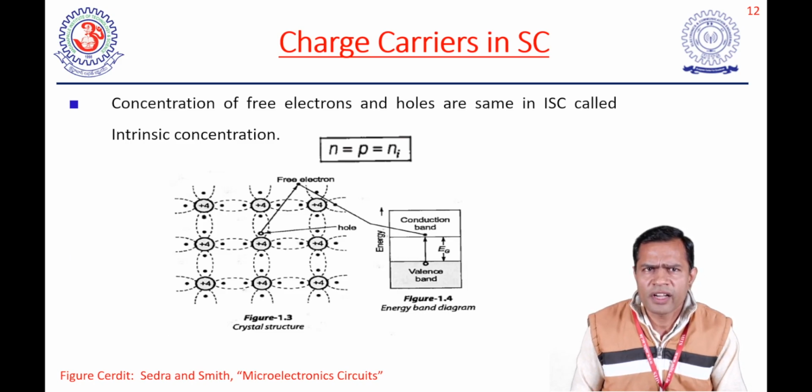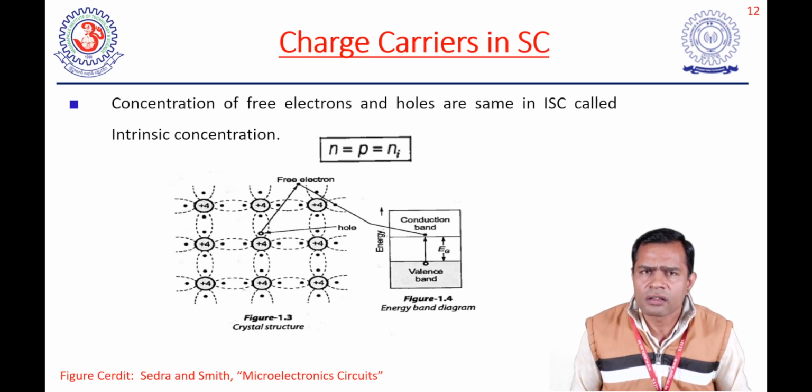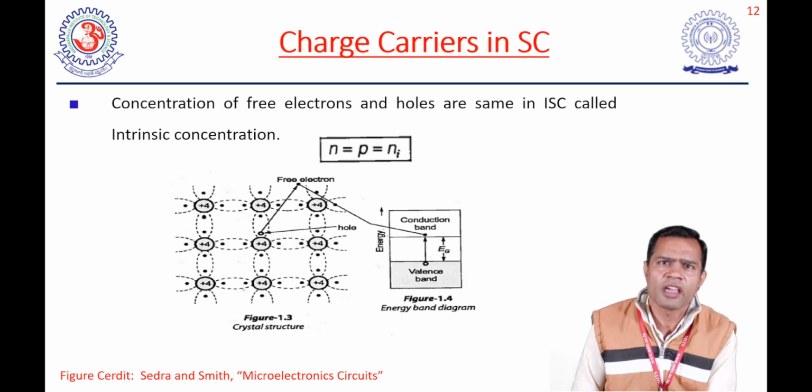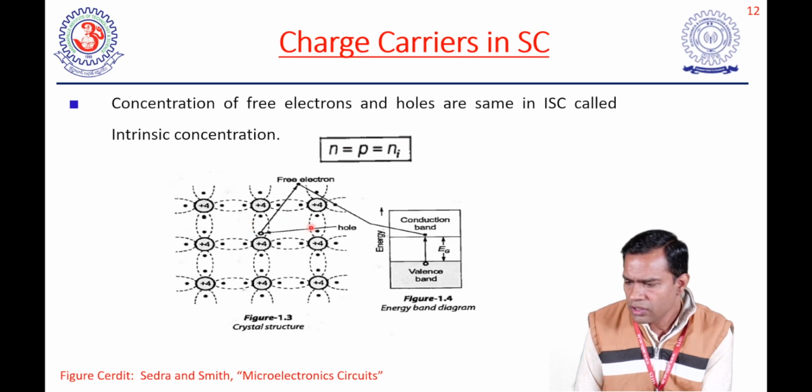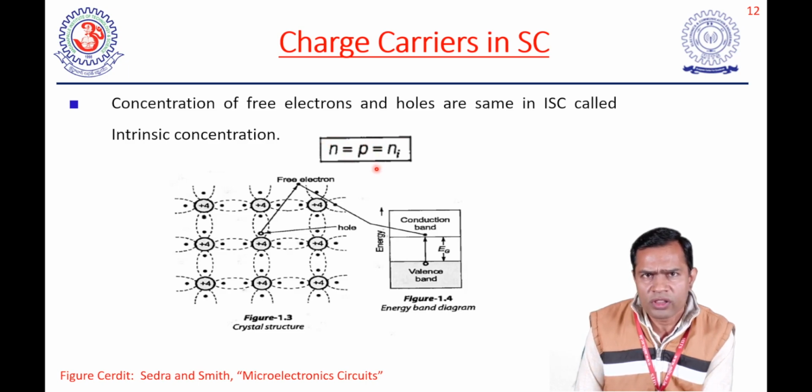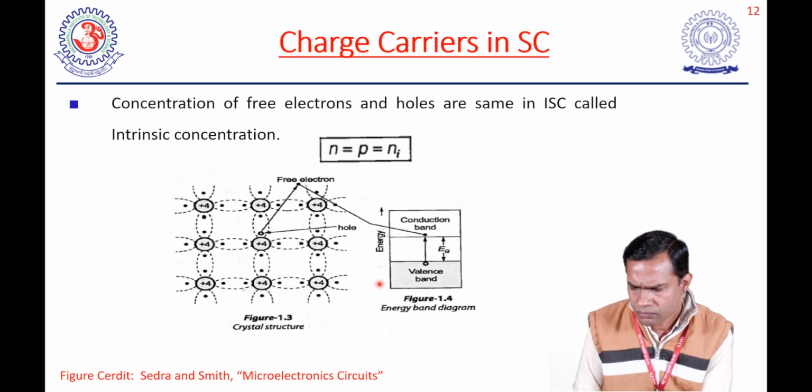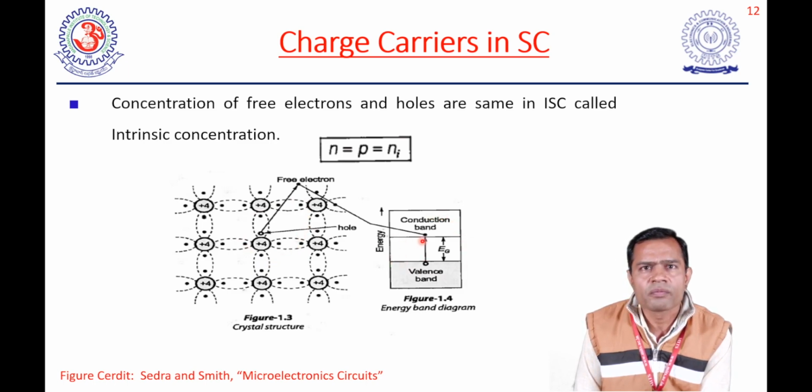It is denoted as the intrinsic concentration and given by n equal to p equal to ni. n is the number of free electrons, p is the number of holes, and this is the same structure we have seen in the previous slide. This is the energy band diagram of the semiconductor.